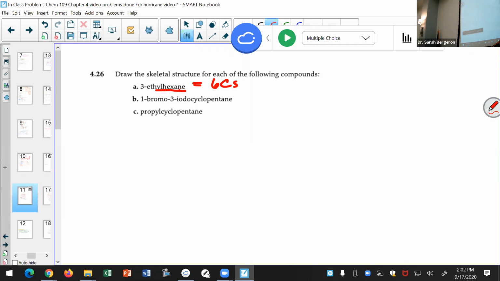And tell me about those 6 carbons. How are they bonded together? Remember, A-N-E is the beginning of the alphabet. So how many carbon bonds do we have? Just 1, so it's a single bond, right? So 6 carbons, all single bonds.